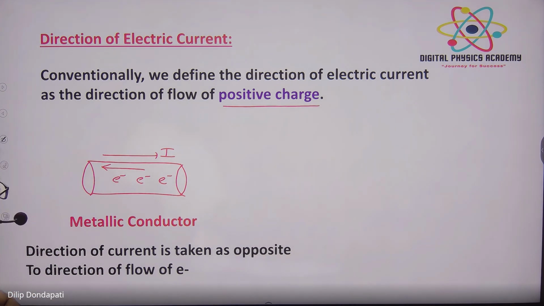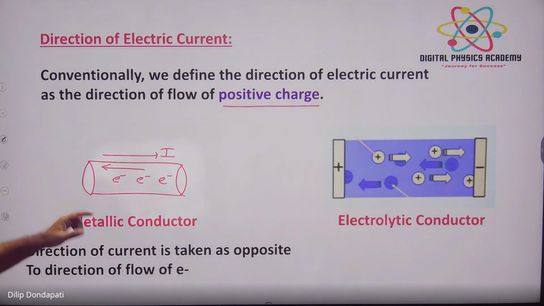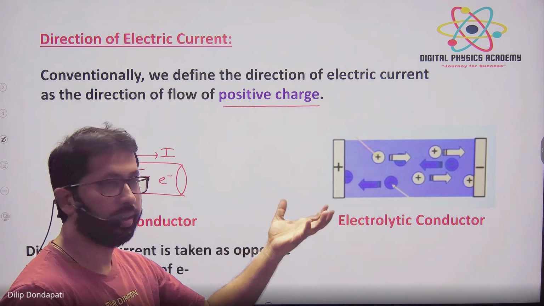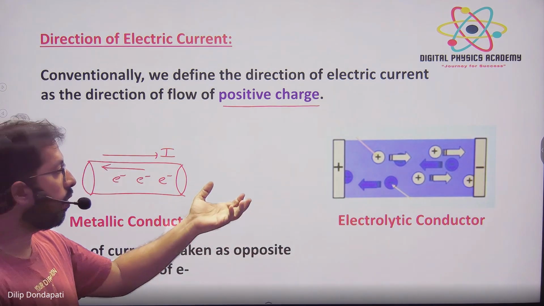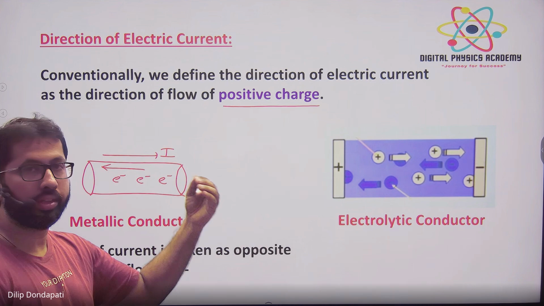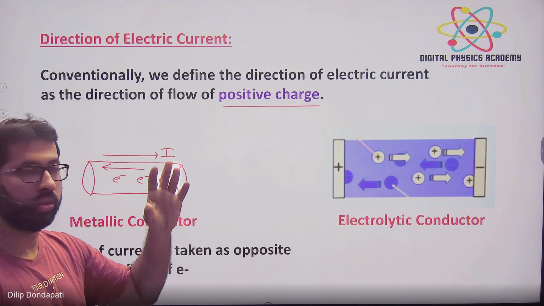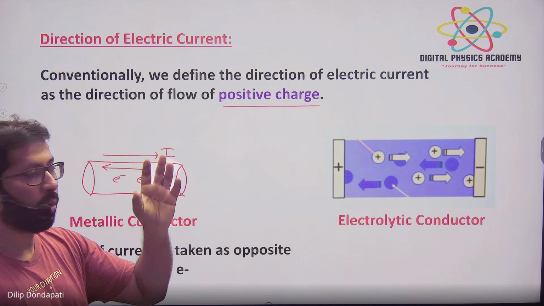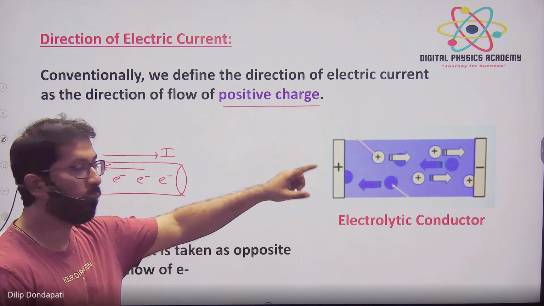Now in electrolytic conductors, that means in a cell, there will be ions, for example copper sulphate ions, Cu2 plus and SO4 2 minus. Both positive and negative ions will be there, and both will be moving in the cell.